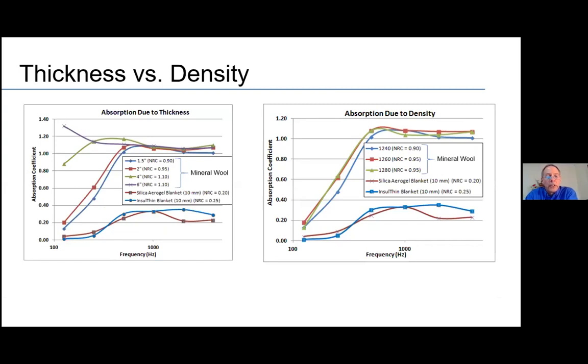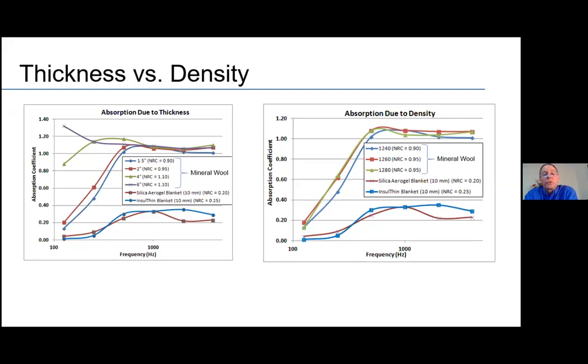The chart on the left shows the four curves on the upper portion of the graph are the same density mineral wool insulation material at 4 different thicknesses, ranging from 1.5 inches, which is the blue curve, the lower of the 4, up to a 6-inch thick, which is the purple curve up at the top of the chart. And you can see that the thickness has a big difference in that low to mid frequency range.